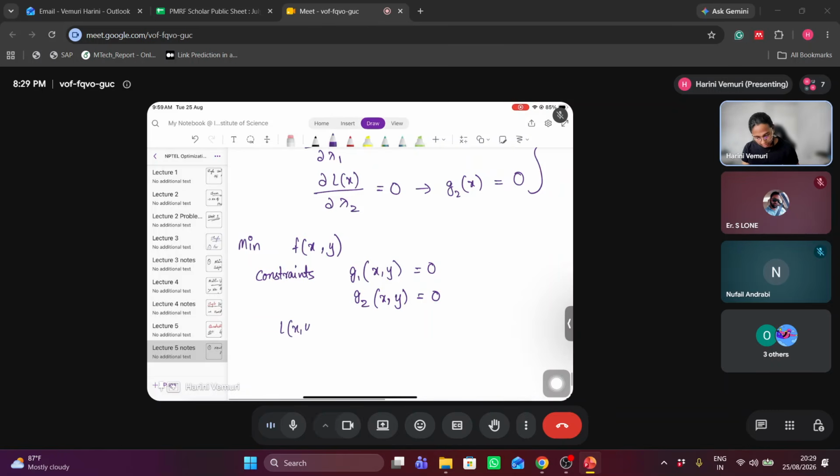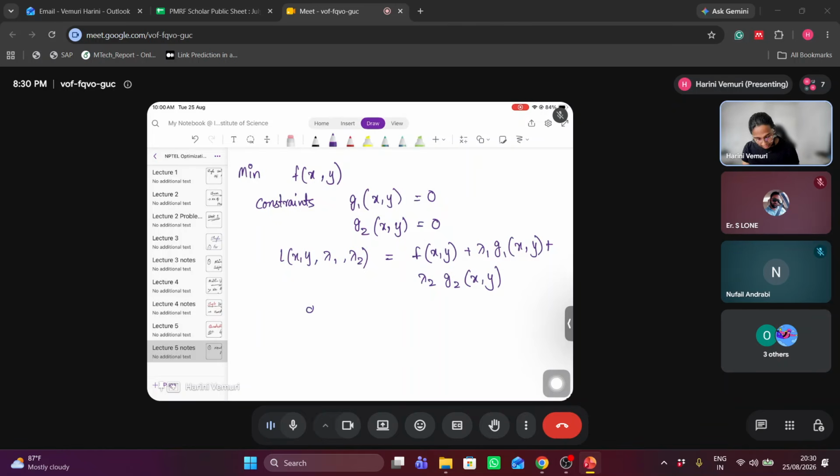L of x comma y, with two constraints so we have lambda 1 and lambda 2, is equal to f of x comma y minus lambda 1 into g1 of x comma y minus lambda 2 g2 of x comma y.